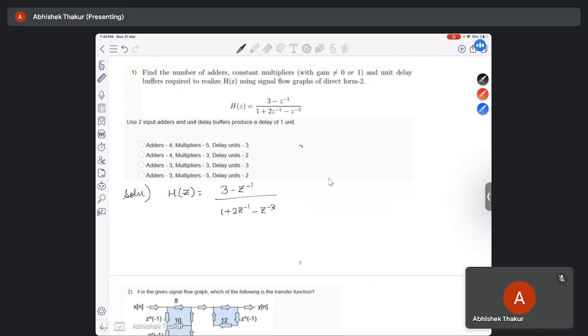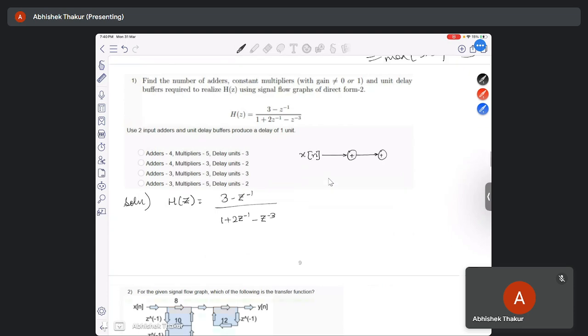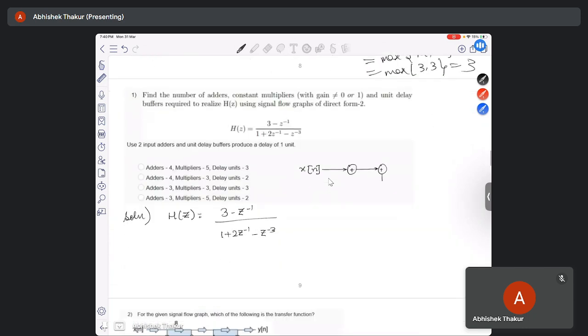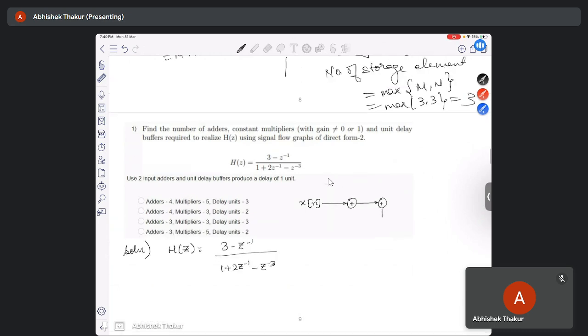So we will take x of n, and then there is the adder, and again like how we have done here.